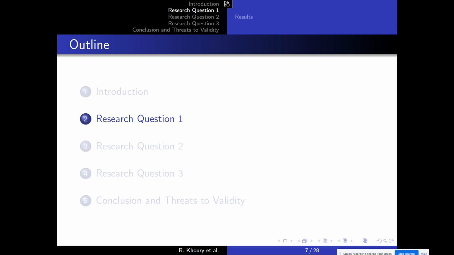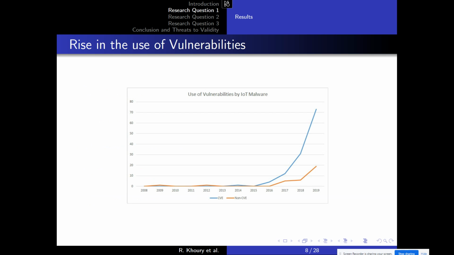So the first question is, which trends are visible in the use of vulnerabilities by IoT malware? In this slide, you can see a summary of the data that we gathered. More detailed data is present in the paper. Here is just a graph, but in the paper, there's a table with all the information broken down by malware.